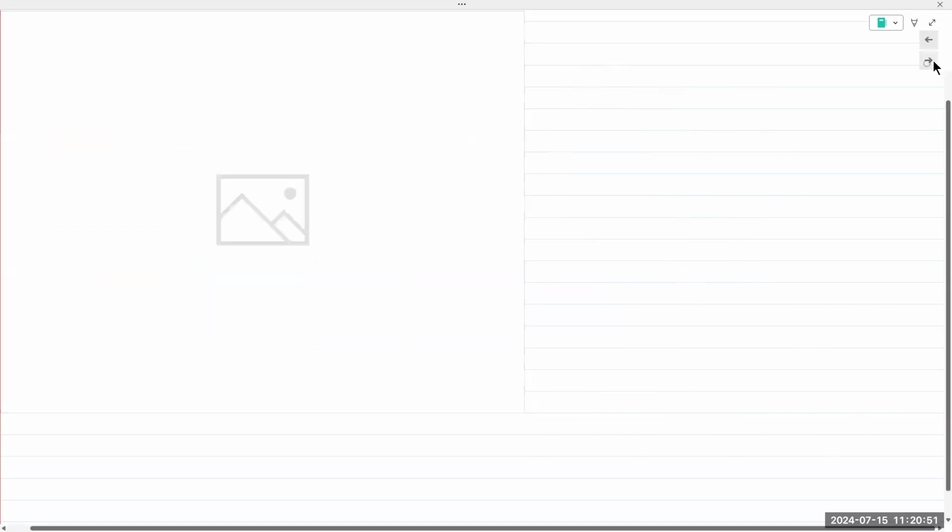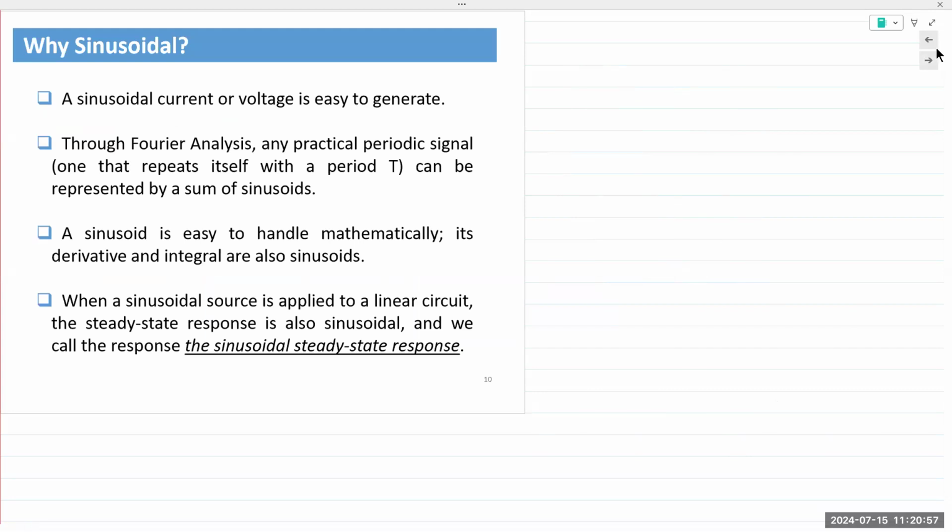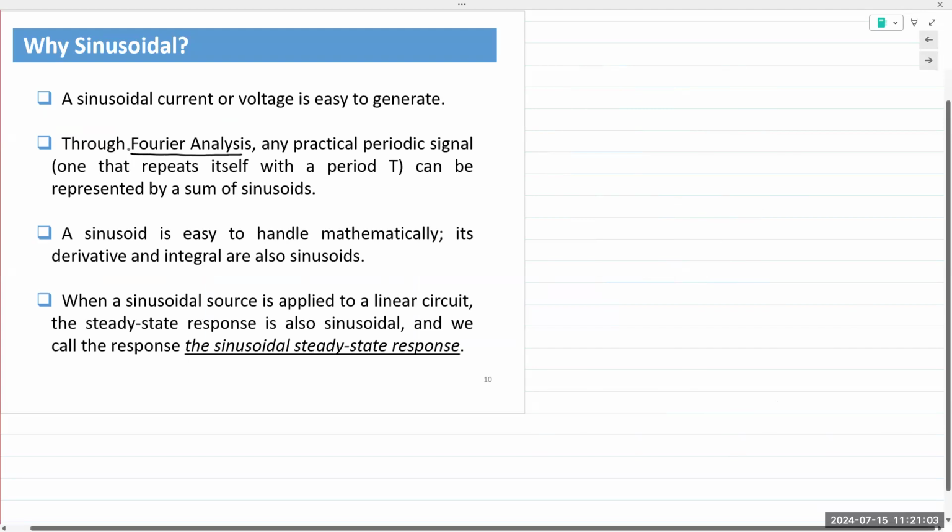So then we get into the math. Now, we won't talk about Fourier analysis and differential equations. That's not my idea of a good time.